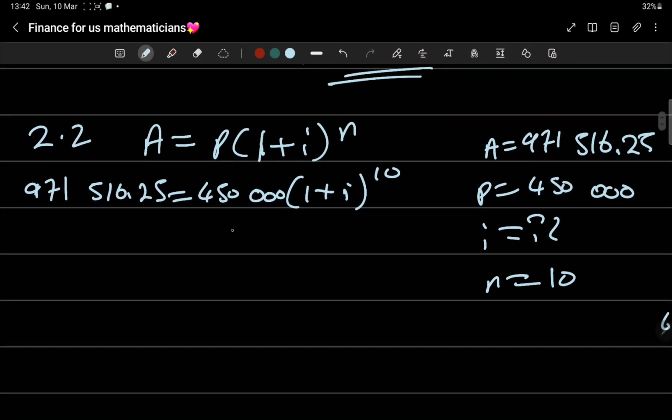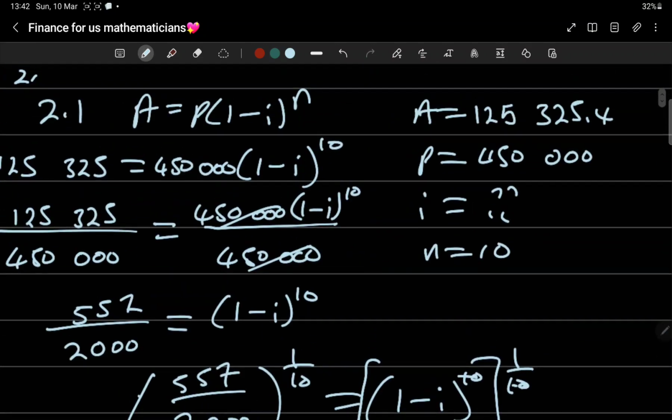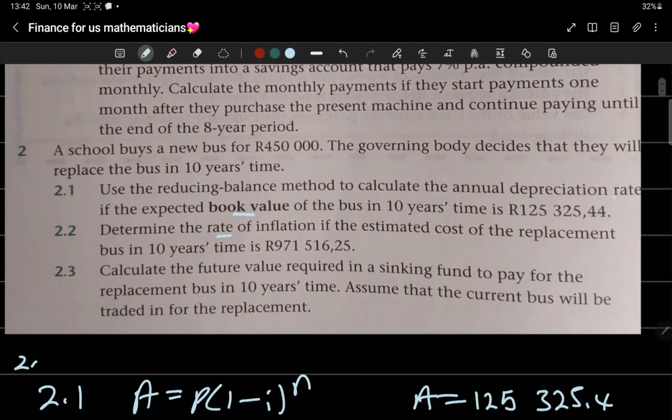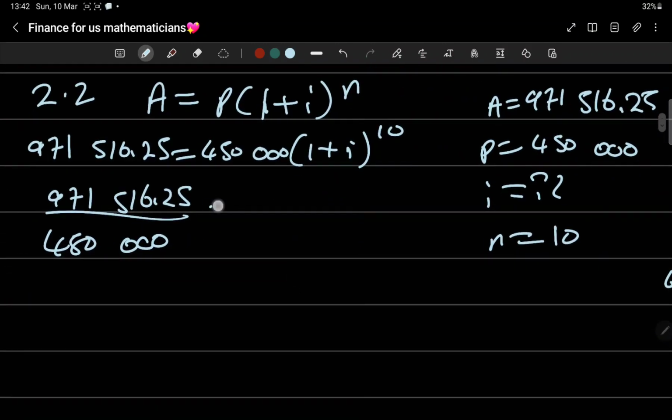Divide both sides by 450,000, you get 971,516.25 over 450,000 equals 1 plus I to the 10.